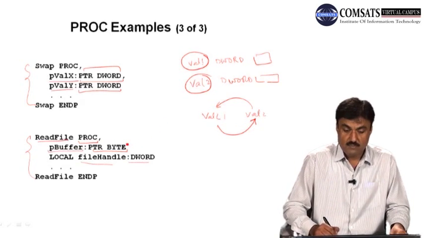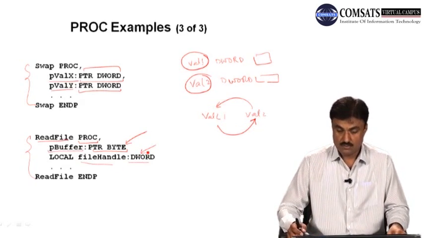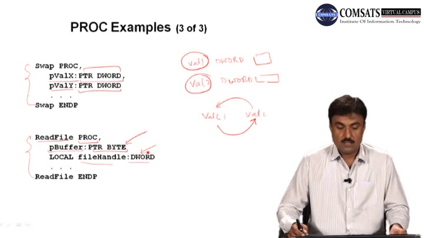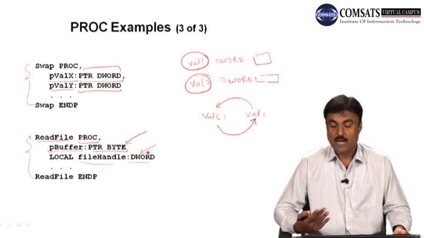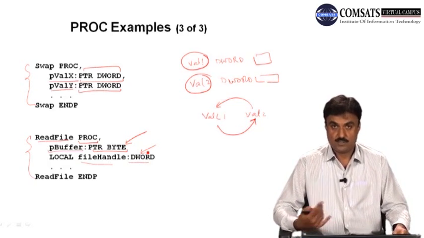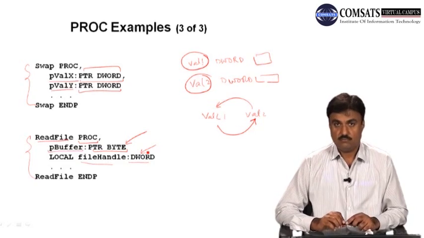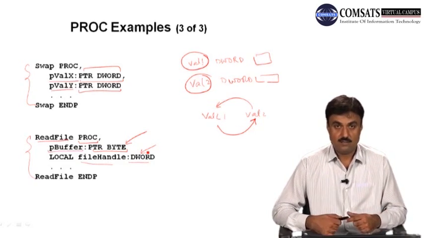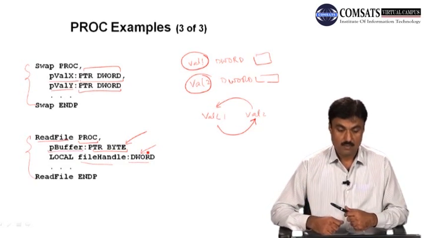Here there is only one parameter, and then we have a local variable that we are using. The file handle is a variable used as a local, and pbuffer is a pointer to the buffer area from where we can read, which holds the file data, and so on.